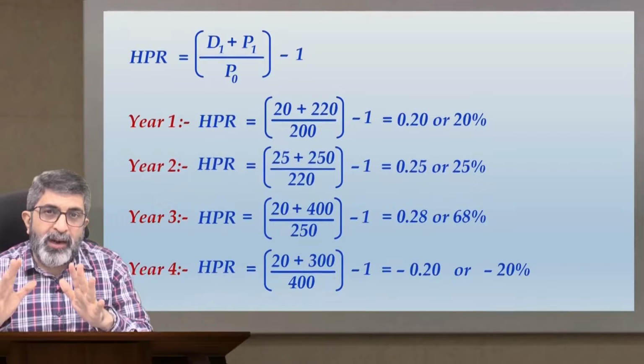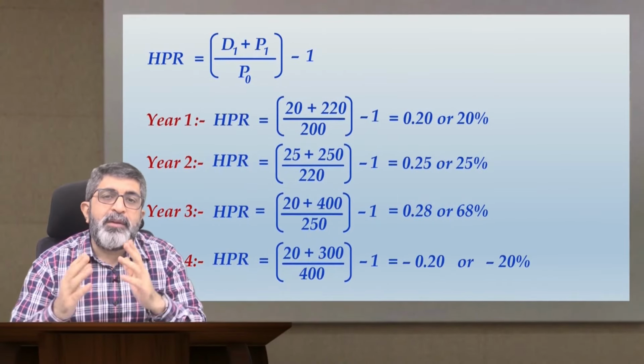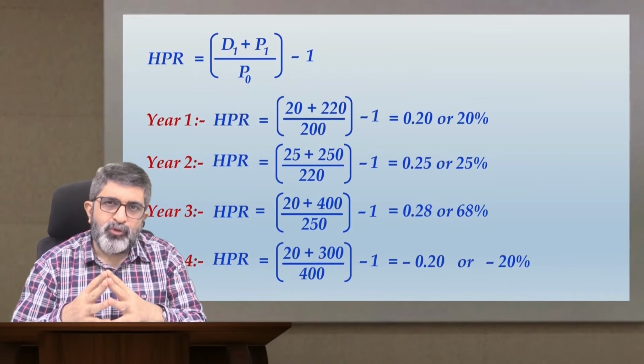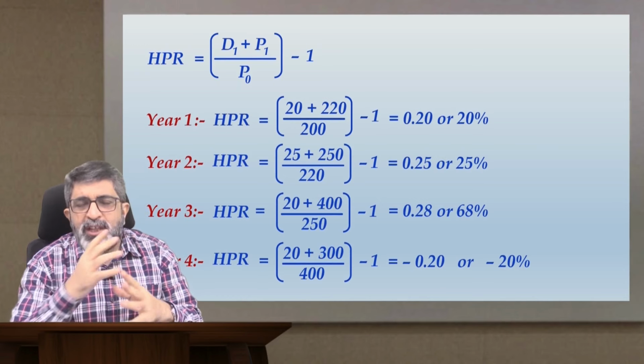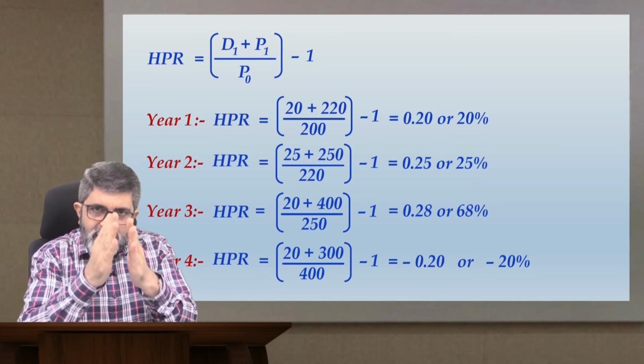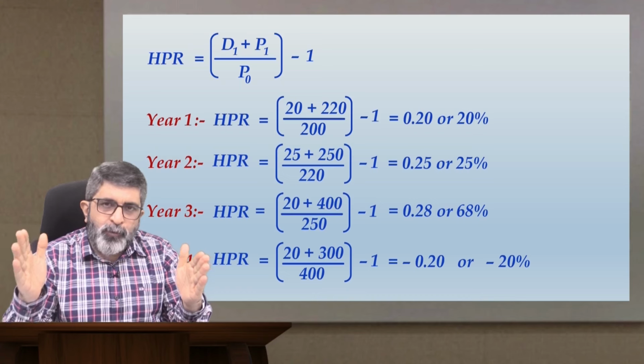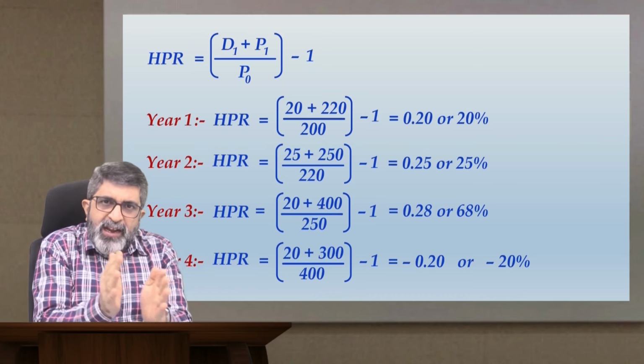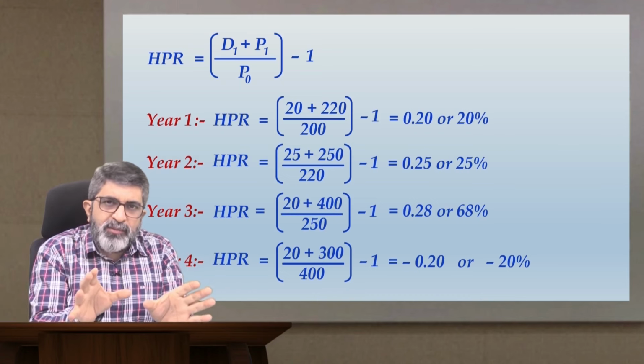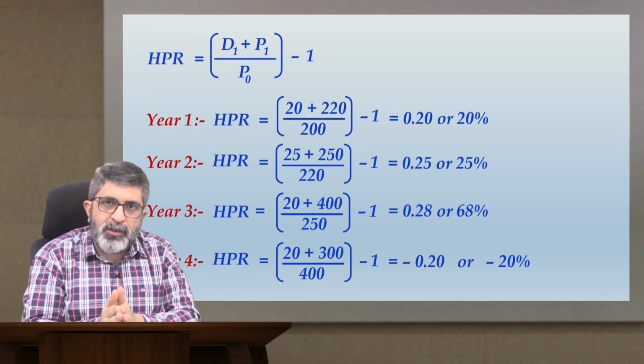Now time for you to understand some important factors before we move ahead. Can you notice something over here? In the entire investment horizon of 4 years, year 1 and year 2 have fetched some usual normal rate of return.